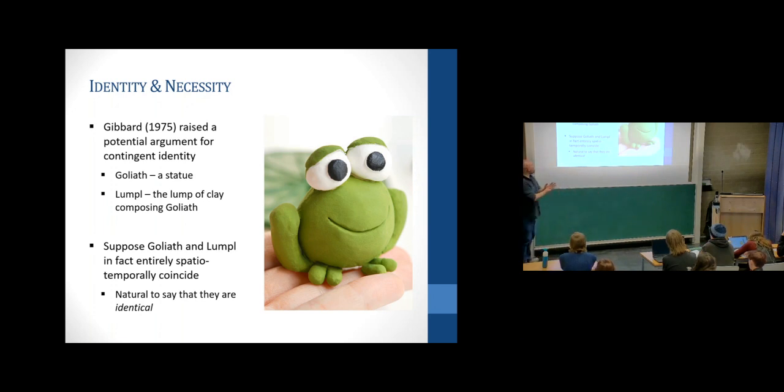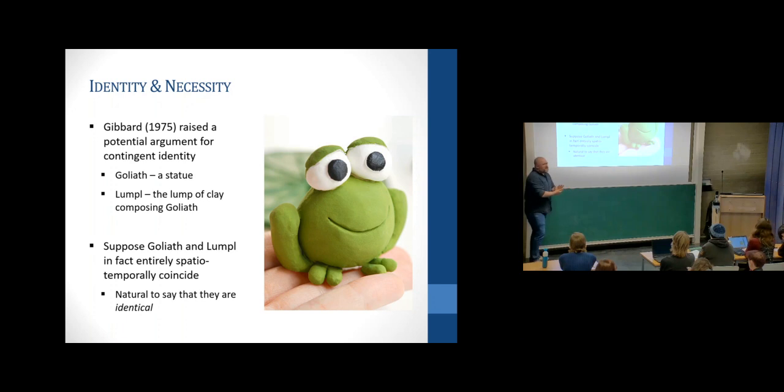If you want an easy case, imagine that Lumble was always part of a bigger lump of clay, and that in my perfect artistry, I carved Lumble out in exactly the shape that Goliath was in. So they came into being at the same moment. And I'm going to incinerate them at the same time in a super hot furnace, so they both go out of existence at the exact same moment. So their whole lives, from their creation to their destruction, they're in the same place.